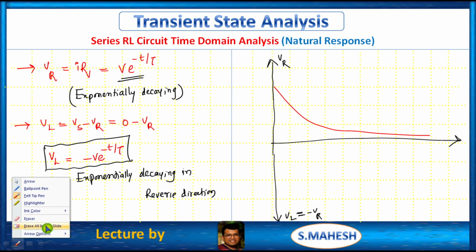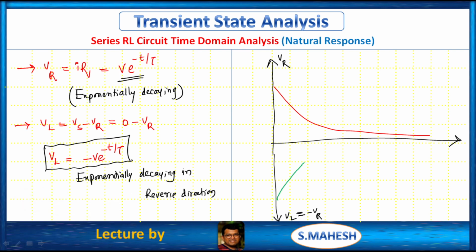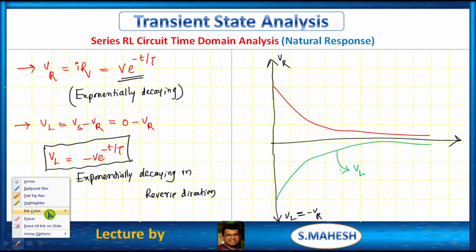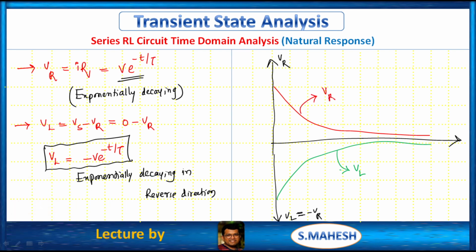What about VL? Simply it is like this. This is VL, like that. This is VR. That's it. This is about the voltage across the resistor and the voltage across the inductor in natural response.